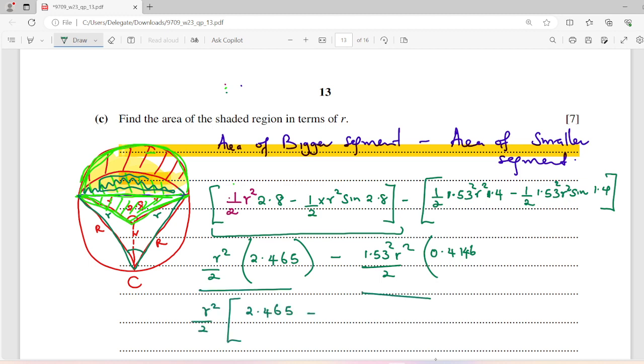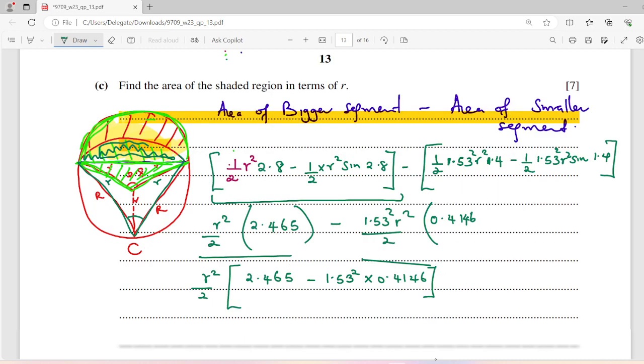So 1.53 squared, you already pulled it out, times 0.4146. We shall have r squared over 2. Use your calculator properly. You end up having 1.4945, and you have your answer as 0.747 r squared as your area of the shaded region.